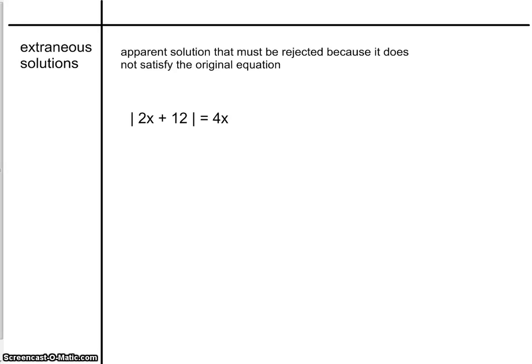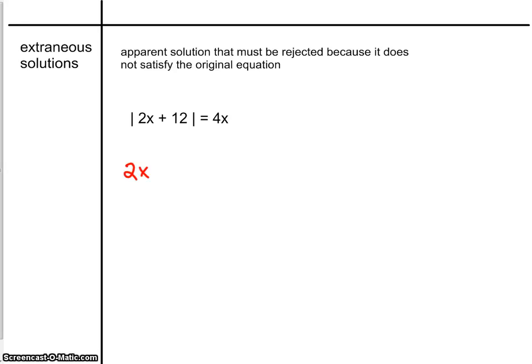And what it generally happens to be is that with absolute value, sometimes if I get a negative, absolute values can't be equal to a negative. And so sometimes when we throw some things out, that happens. So you have to really, really check. Okay, and it's a big, big step that we really have to get into checking, especially when I have variables on the outside. Okay, we're good here because my absolute value is all by itself.